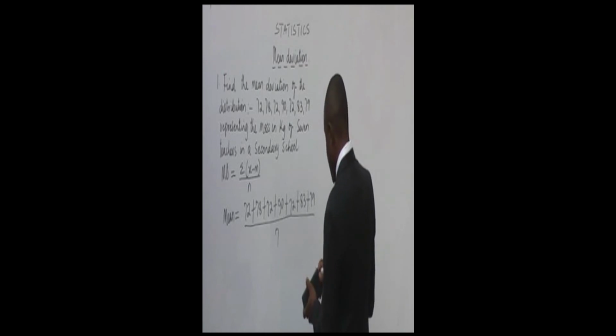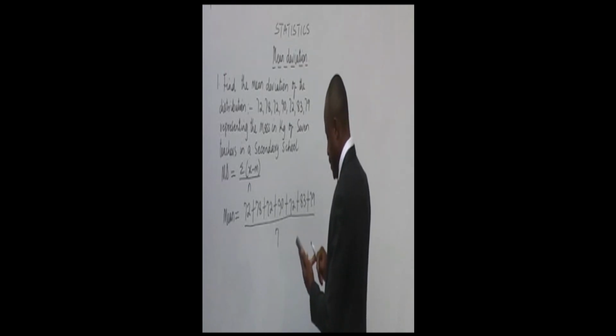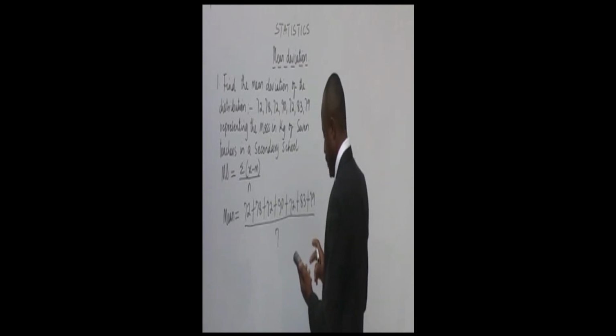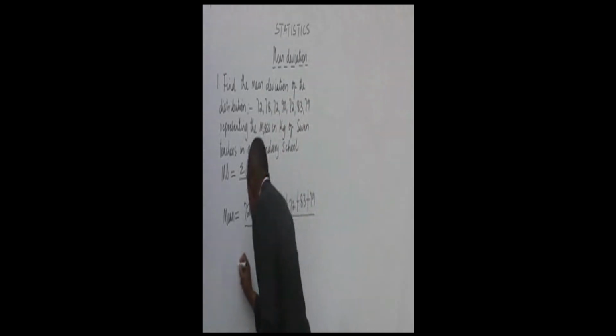So use our calculator now. The sum is giving us 546. Then divided by 7, 78. So our mean is 78.